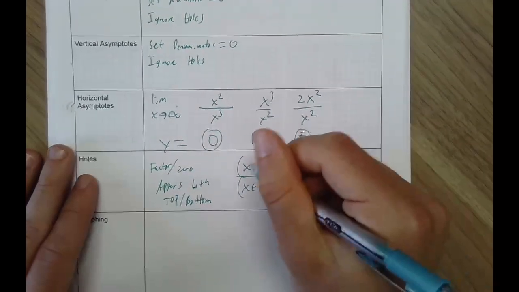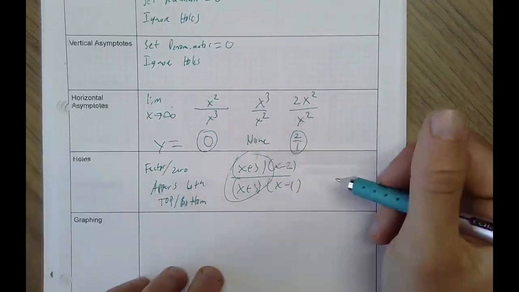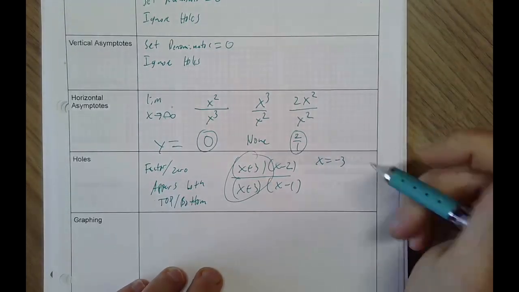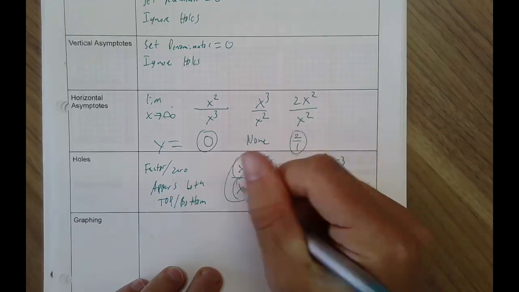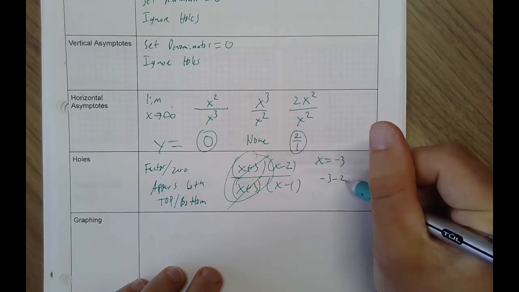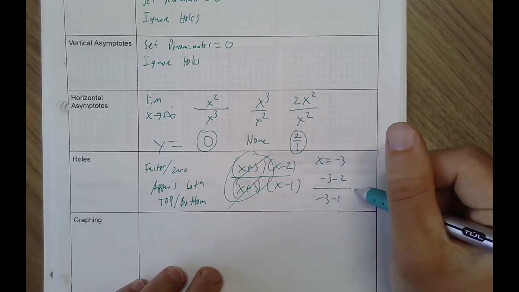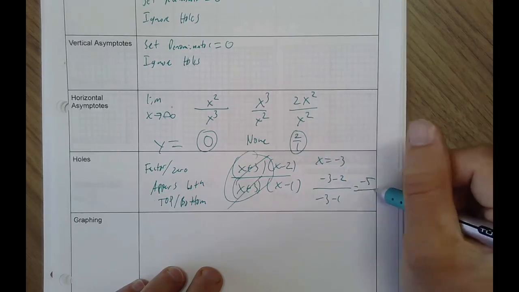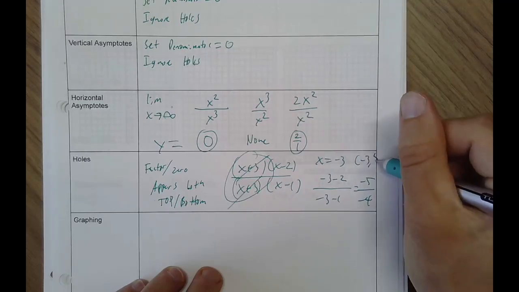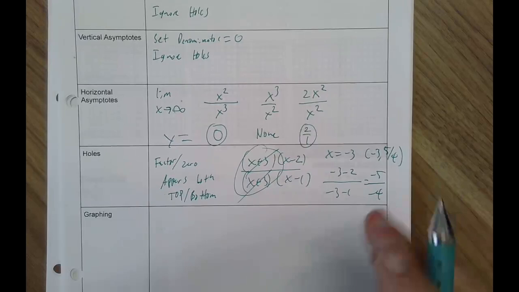See how x plus 3 appears in both? That's a hole. So the hole is at x equals -3, and to get the y value of that hole, you cancel out the hole and plug it into what's left. So it would be -3 minus 2 over -3 minus 1, or -5 over -4. So the coordinate would be -3, 5/4.